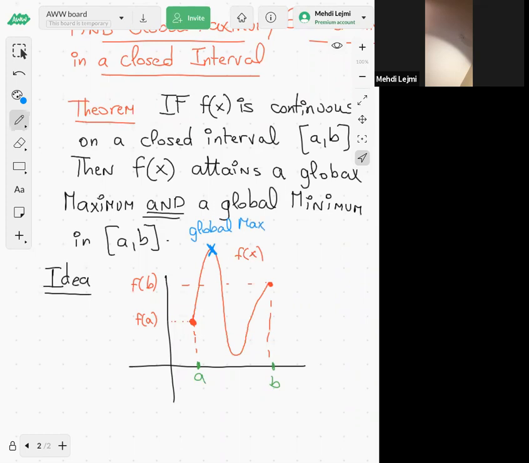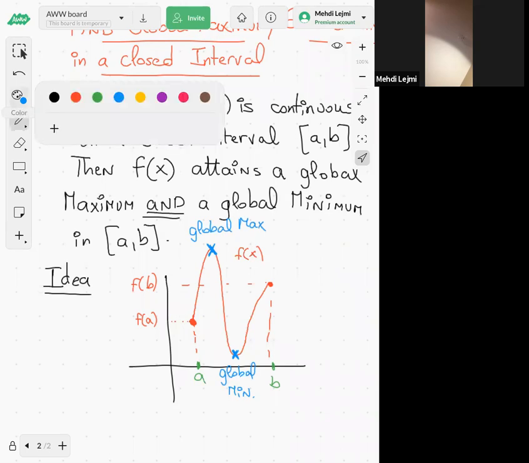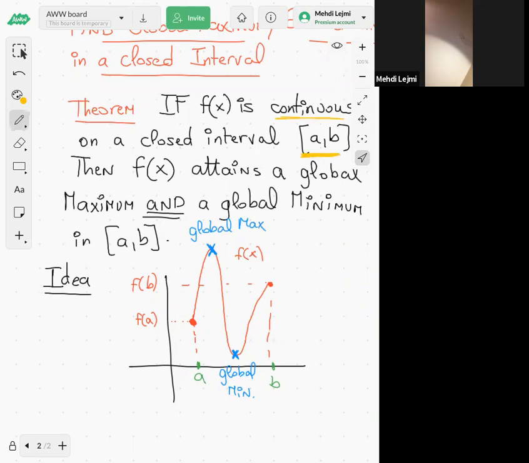And this one here would be your global minimum, right? So again, the important hypothesis here is that you have a continuous function on a closed interval. This is important too, so you need a closed interval. Then you're gonna have both a global maximum and a global minimum.